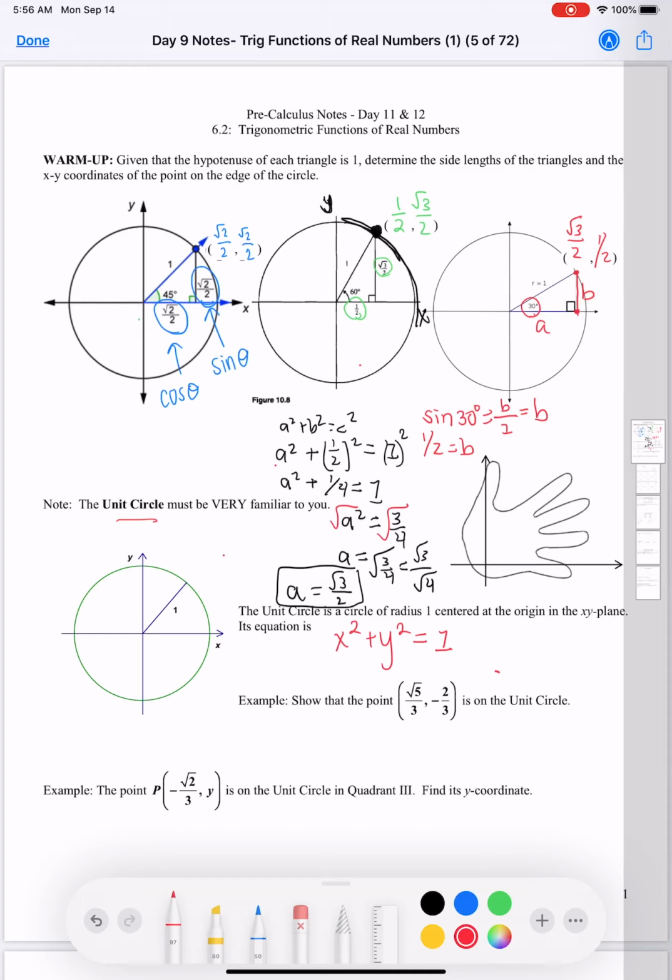Okay, so let's show that the point given is on the unit circle. We're going to use the equation of the unit circle to determine, is this point on the unit circle? All right, so we have an x value and a y value, so we are going to substitute those in for our variables.